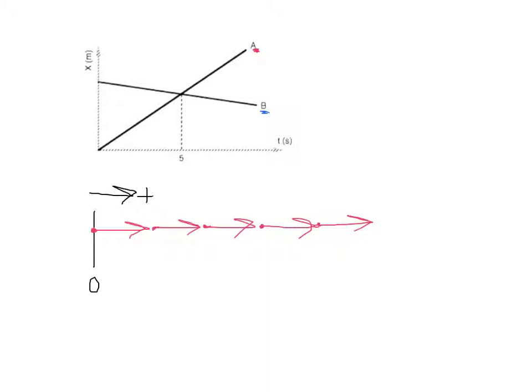Now the question is, what's B going to look like? Well, B starts in a positive position, just like the last one did, only what kind of slope is this? Negative slope. So this is a negative slope, therefore, what direction is B traveling? In the negative direction.